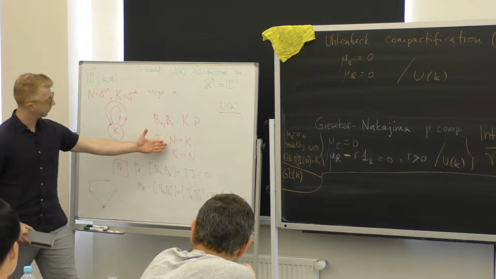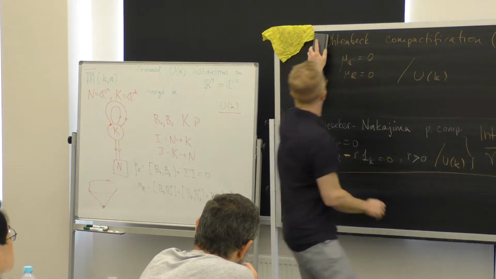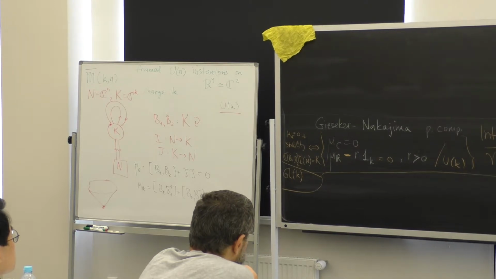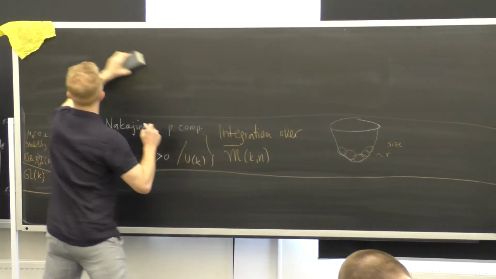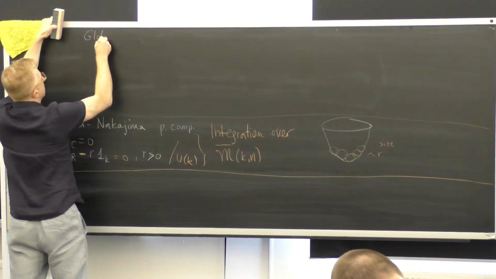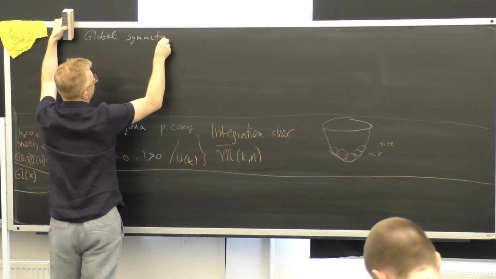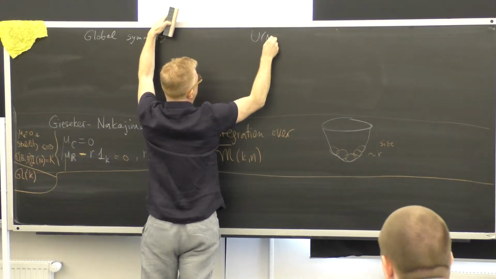So N here is a fixed space, so we can act. Okay, so let me just write the global symmetry UN.